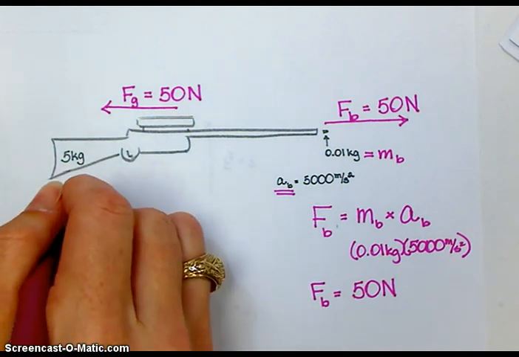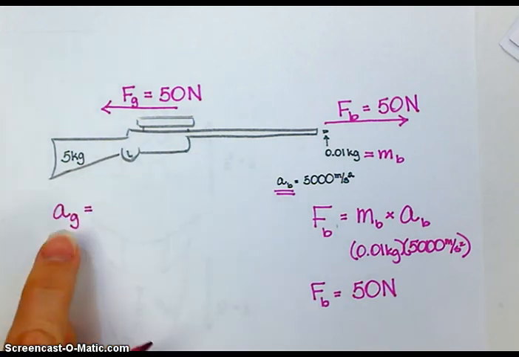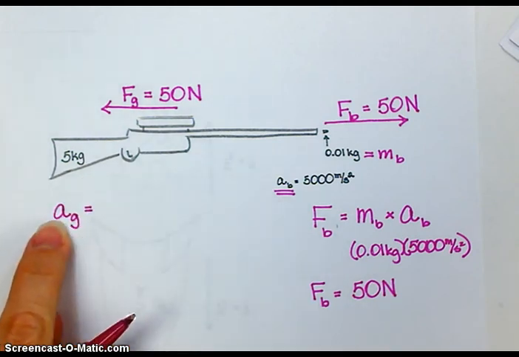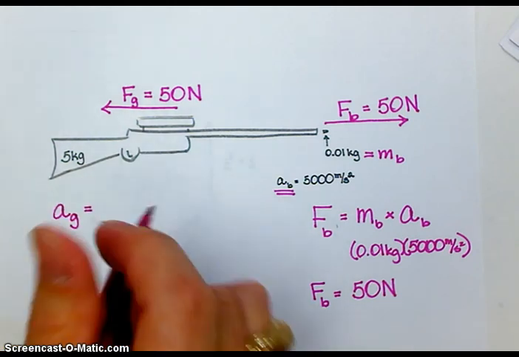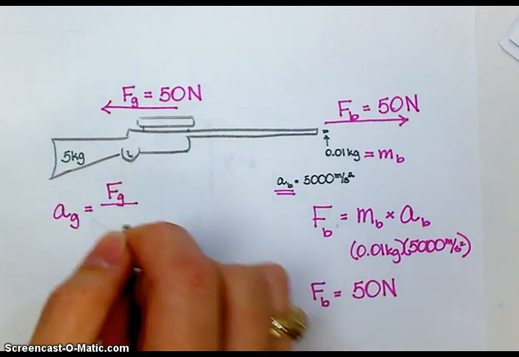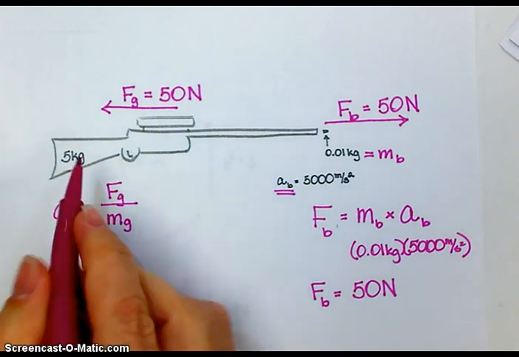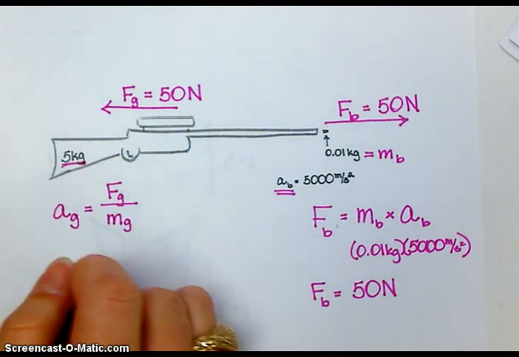So if I want to know the acceleration of the gun, remember I put a little g just to indicate that I'm talking about acceleration of the gun, that is going to be the net force on the gun divided by the mass of the gun. And I have the mass of the gun right there.